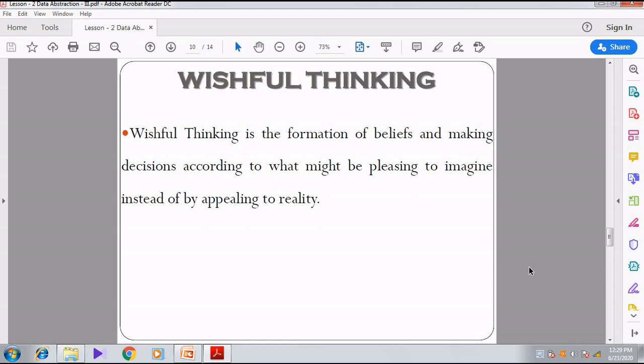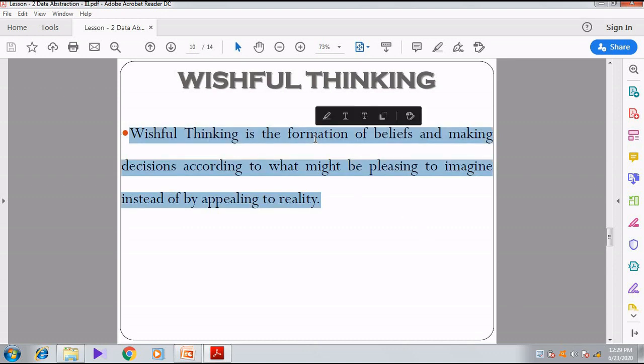What is meant by wishful thinking? Wishful thinking is the formation of beliefs and making decisions according to what might be pleasing to imagine instead of by appealing to reality.